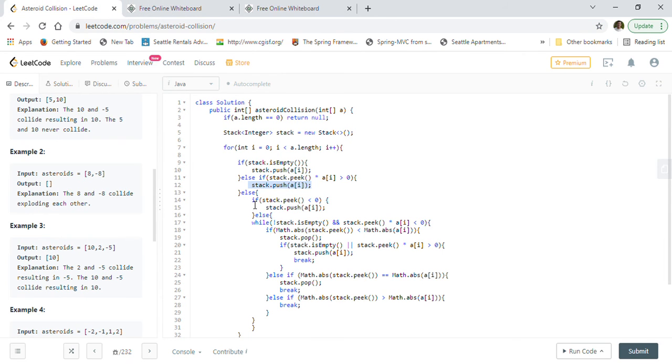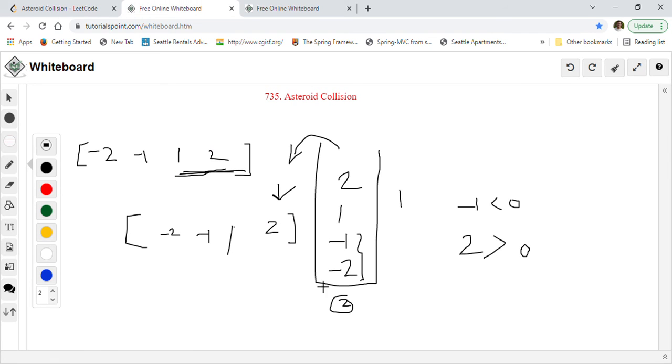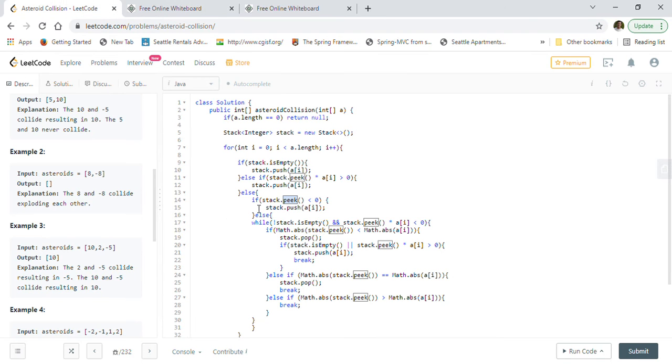After that, if these conditions are not true, then we will check the top of the stack. If it is less than 0, let's say -2 is there, for example, when in the beginning the stack is empty, so we will put -2 here, right? And then when -1 comes, in this case we will check this one.